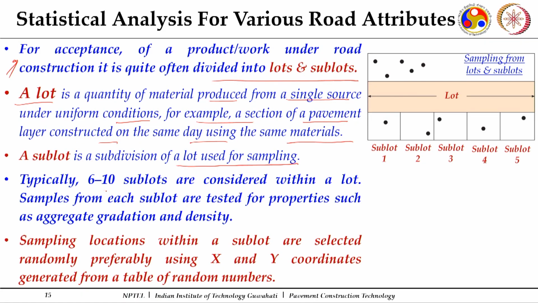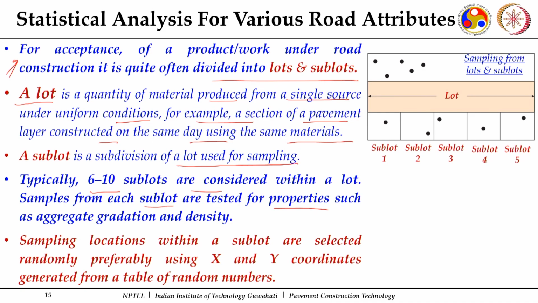Certain characteristics require more tests compared to others. Typically, 6 to 10 sublots are considered within a lot, and samples from each lot are tested for properties, which can be density, binder content, or aggregate gradation. So, the material can be picked up and tested.